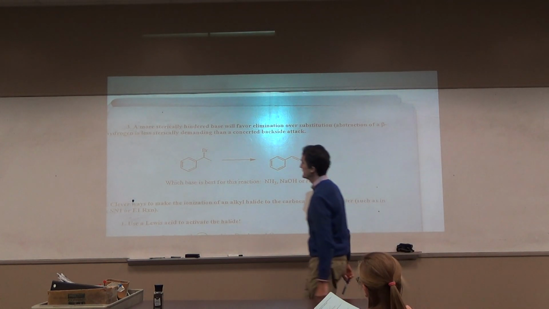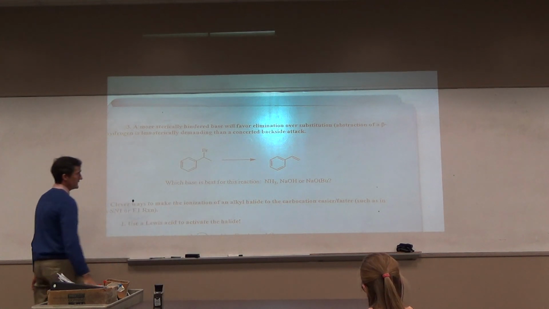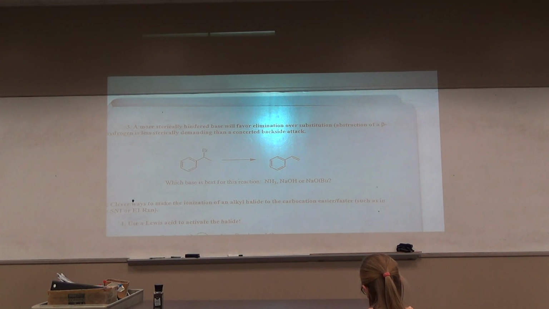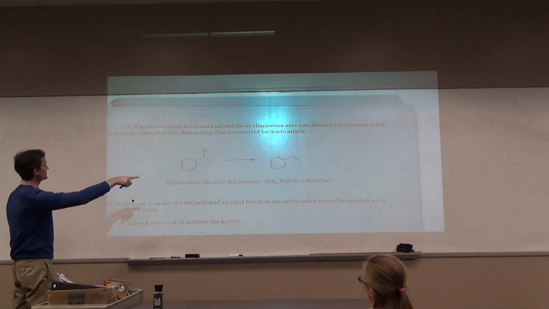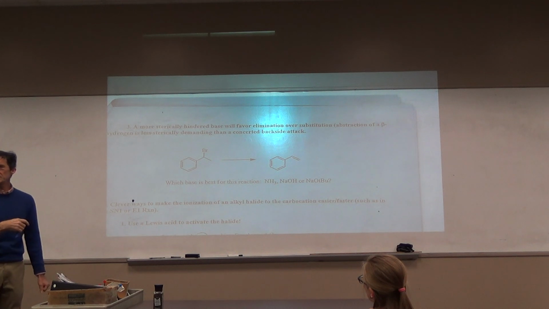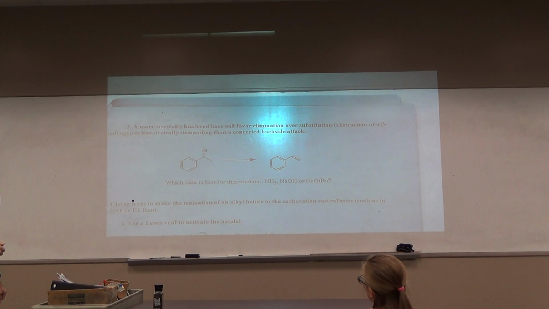Other miscellaneous comment. We need to make sure we make this comment. We've sort of said it along the way. A more sterically hindered base will favor elimination over substitution. When either one is possible, what's going to occur?